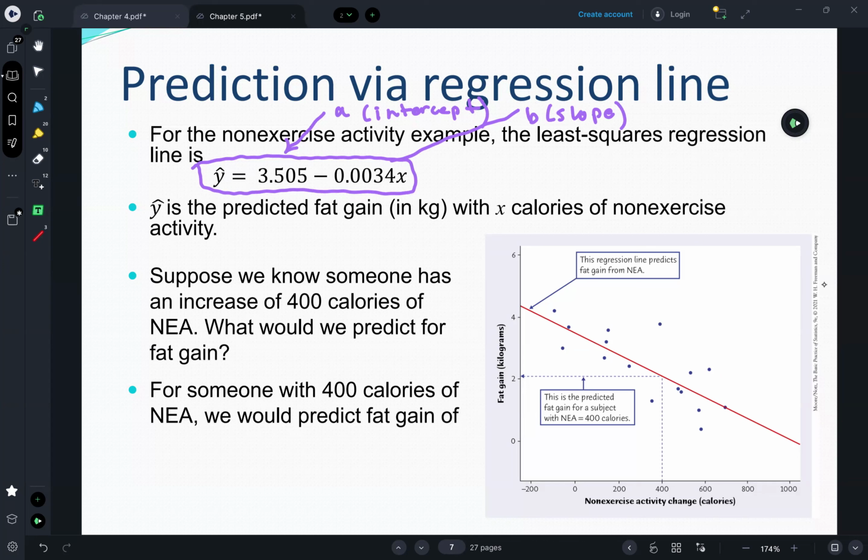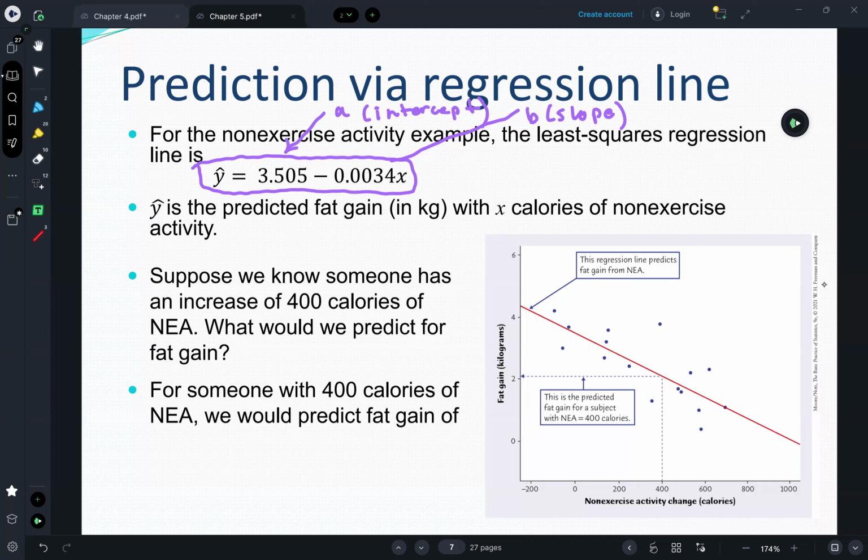Because it has a negative in front of the slope, that means it's a negative slope. And if it's negative, then the correlation will be negative for this data set as well. And we do visually see that from the scatter plot. We have fat gain in kilograms and non-exercise activity change in calories.